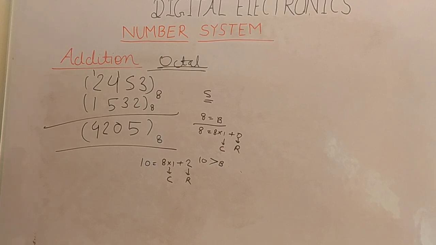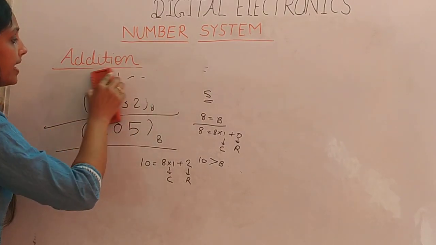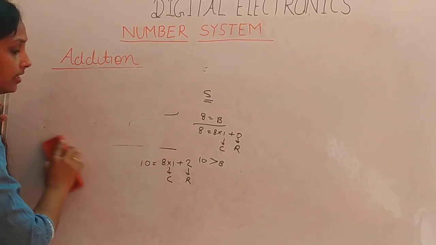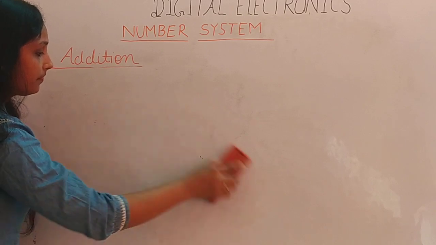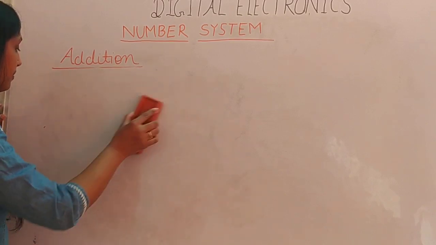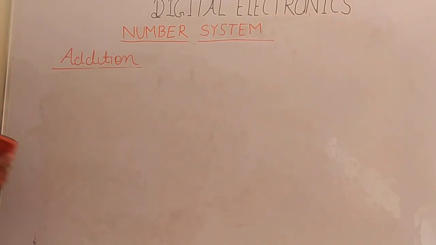Now we will take addition in the hexadecimal number system. The base of the hexadecimal number system is 16. The only thing we have to remember is the base of the particular number system which we are using.